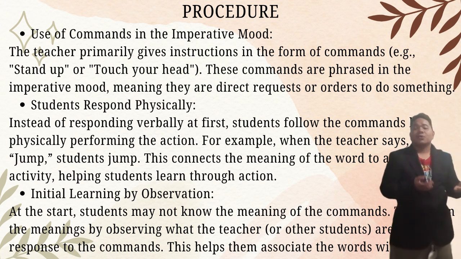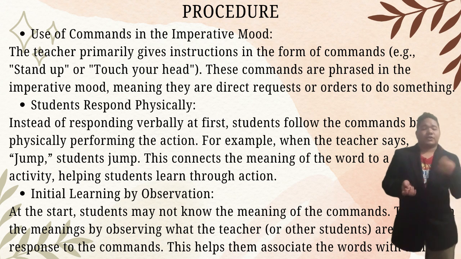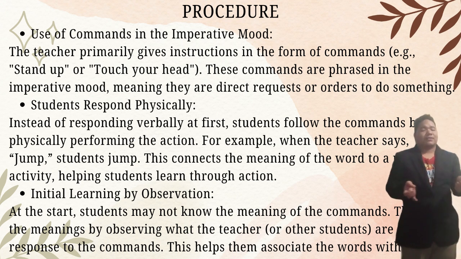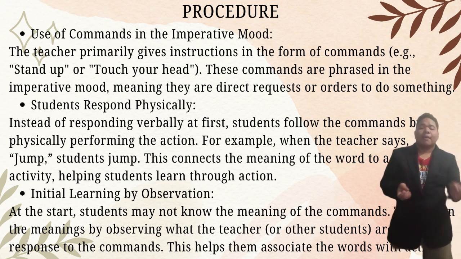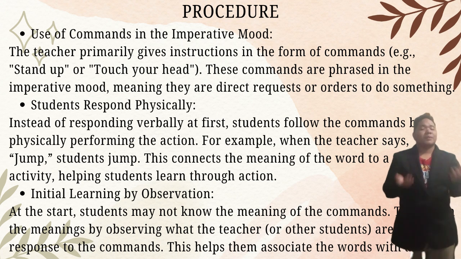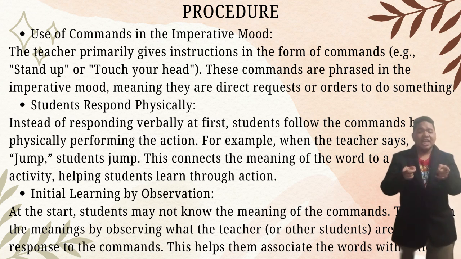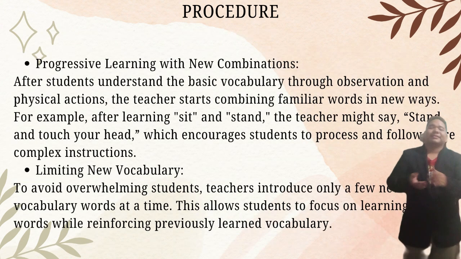By associating the words with actions through observation, students gradually begin to comprehend the meaning of the commands. This process not only aids vocabulary acquisition, but also makes the learning experience more engaging as the students actively participate in the lesson by watching and eventually imitating the actions.